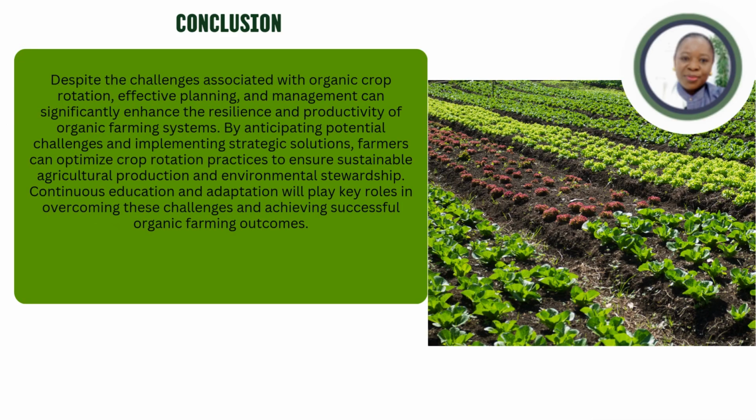Conclusion: despite the challenges associated with organic crop rotation, effective planning and management can significantly enhance the resilience and productivity of organic farming systems. By anticipating potential challenges and implementing strategic solutions, farmers can optimize crop rotation practices to ensure sustainable agricultural production and environmental stewardship.